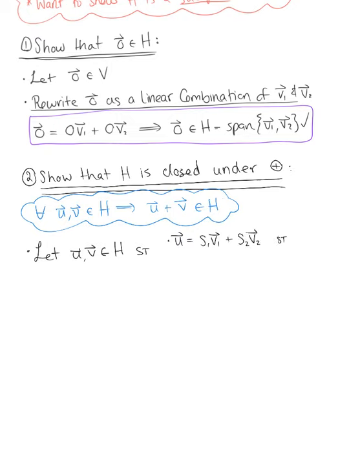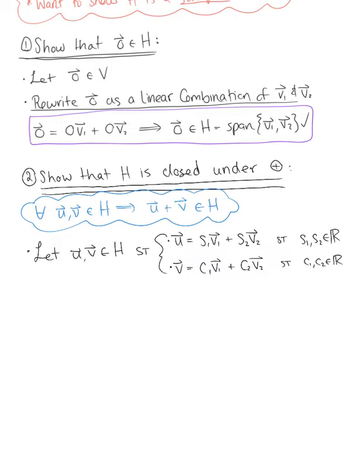And this is such that s sub 1 and s sub 2 are scalars. And we do the same thing for vector v. And let's choose another letter, we'll use c here. We have c sub 1 times vector v1 plus c sub 2 times vector v sub 2. And again, this is such that c sub 1 and c sub 2 are scalars.